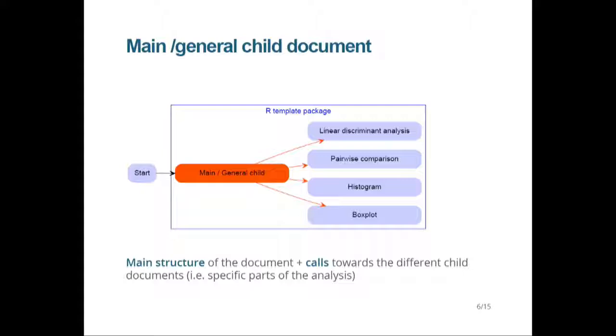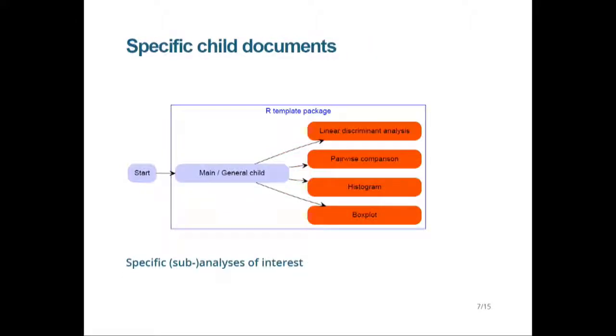You can easily update it without any issues. Then you have the specific child documents, so specific sub-analyses of interest, like for example in your discriminant analysis, a pairwise comparison, and so on. So it's code which is the same across your experiments. It's in a way redundant when you look at a specific experiment because the code stays the same.